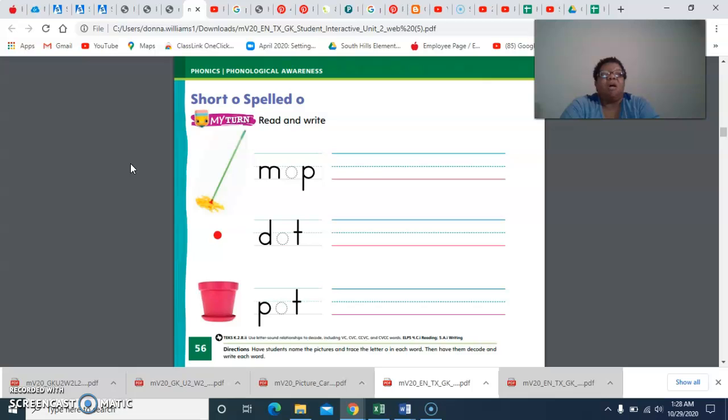Next word, hot. Hot. Next word, cop. And now a lot of the kids ask, is it C or K? Cop, it has the letter C.